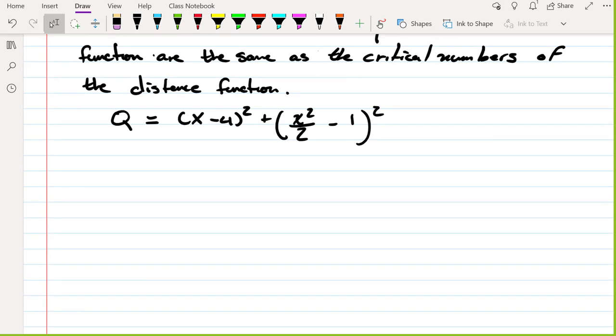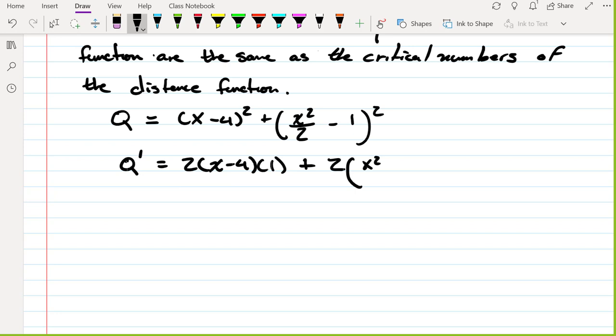So now, let's go ahead and find Q prime. Q prime is equal to 2 times (x minus 4) plus, I guess I should be explicit. By the chain rule, we bring the 2 down in front, times (x minus 4), times the derivative of the inside, which is 1. Now we take the derivative of the second one, our 2 comes down in front.